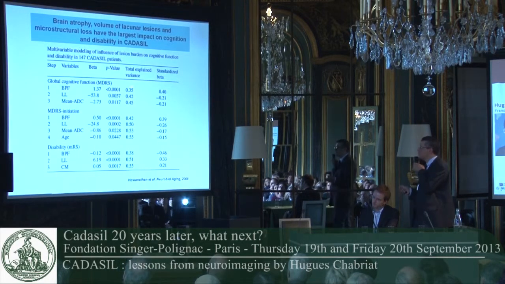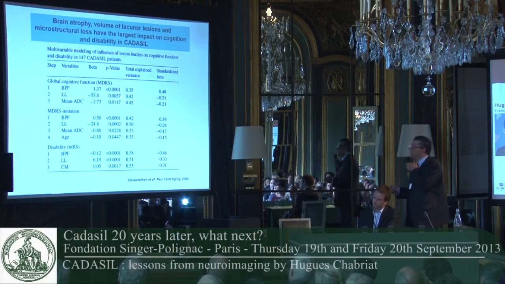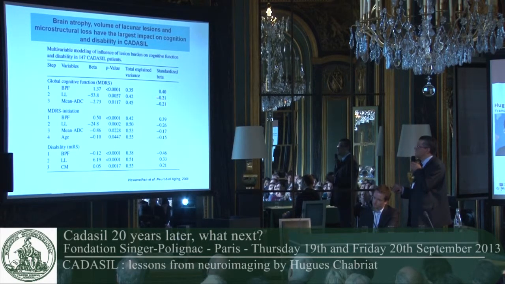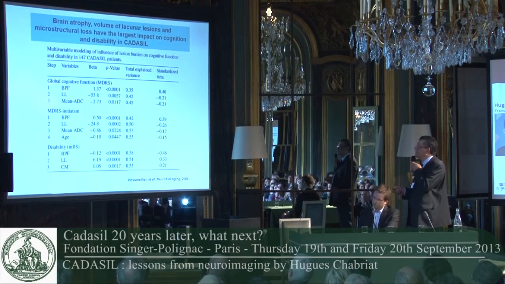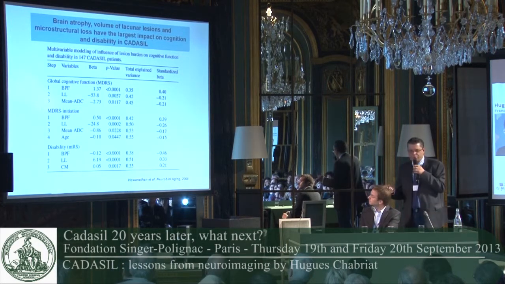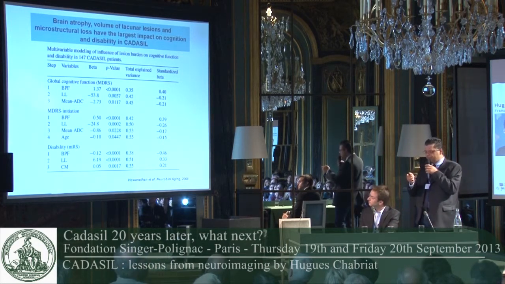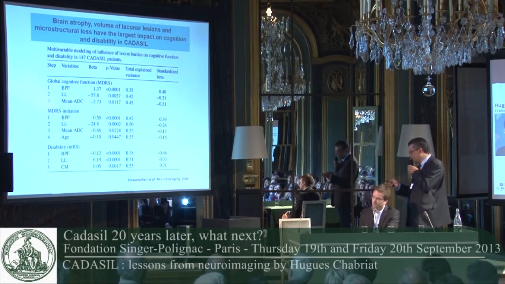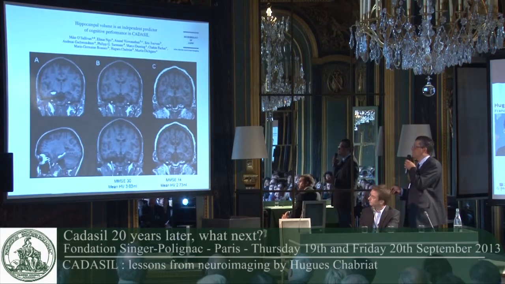We showed that the brain volume was explaining 40% of the variance of the cognitive decline in CADASIL. There were also some effects of lacunar infarctions, but in general, the brain volume and the volume of lacunar infarctions are clearly related to the clinical severity in the disorder.